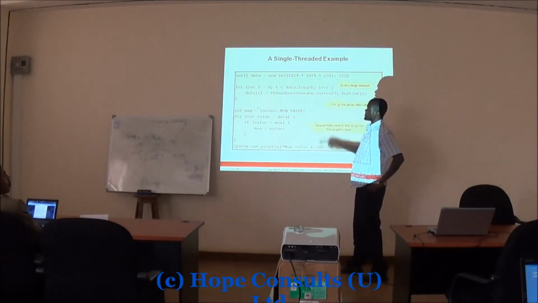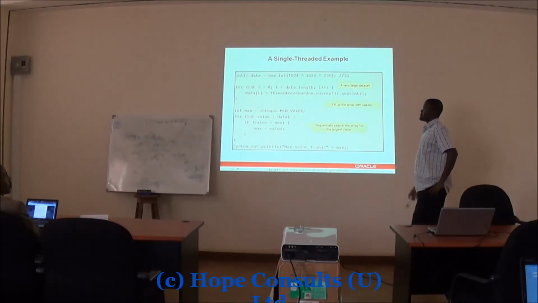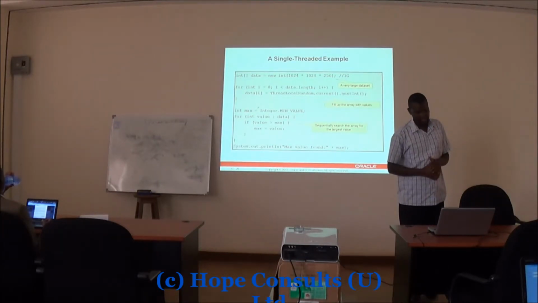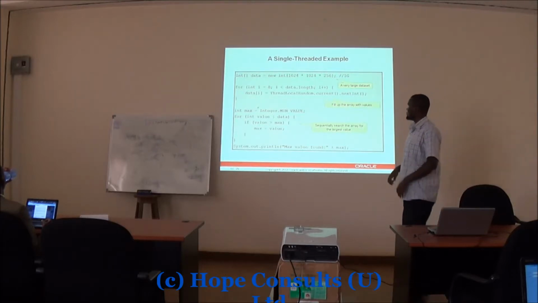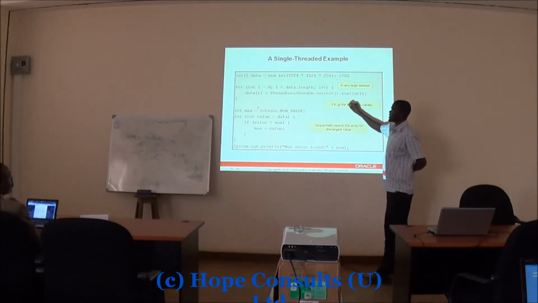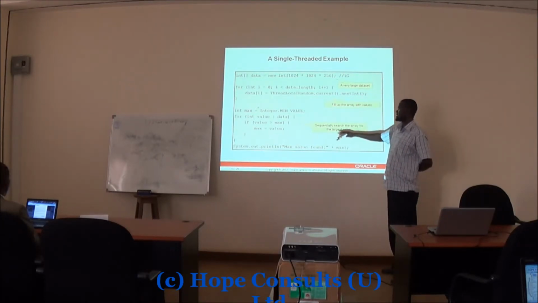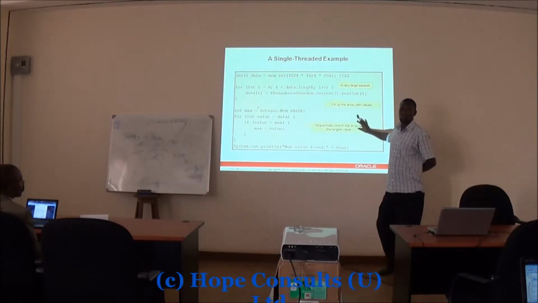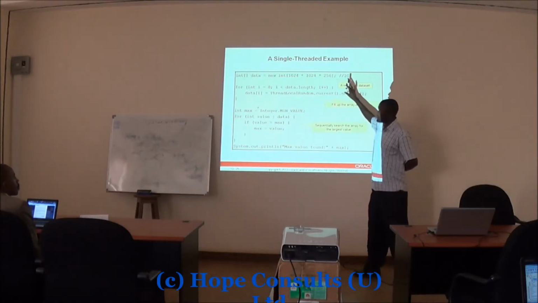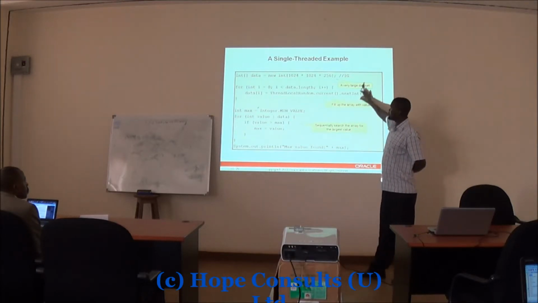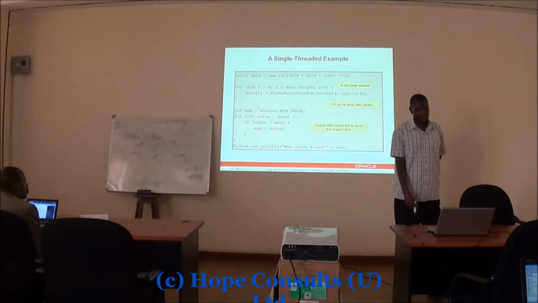This single threaded application goes through that array. This part fills up the array with random values, and this one sequentially searches the array for the largest value. After you fill, you search for the value.